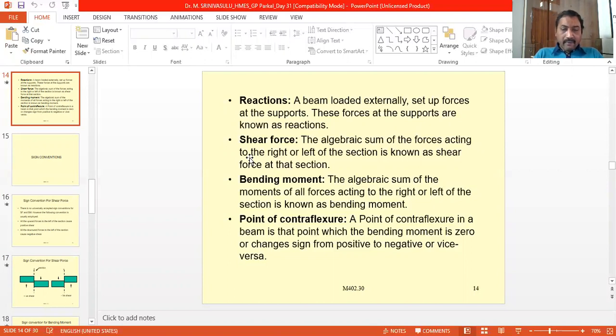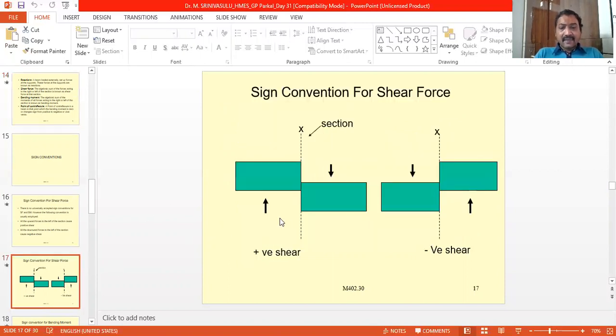To find the shear force exactly at a point, I should consider the section at this point and draw a section line. Now this part is the right of the section, and this part is the left of the section. The shear force is the algebraic sum of the forces acting either to the right or to the left of the section.